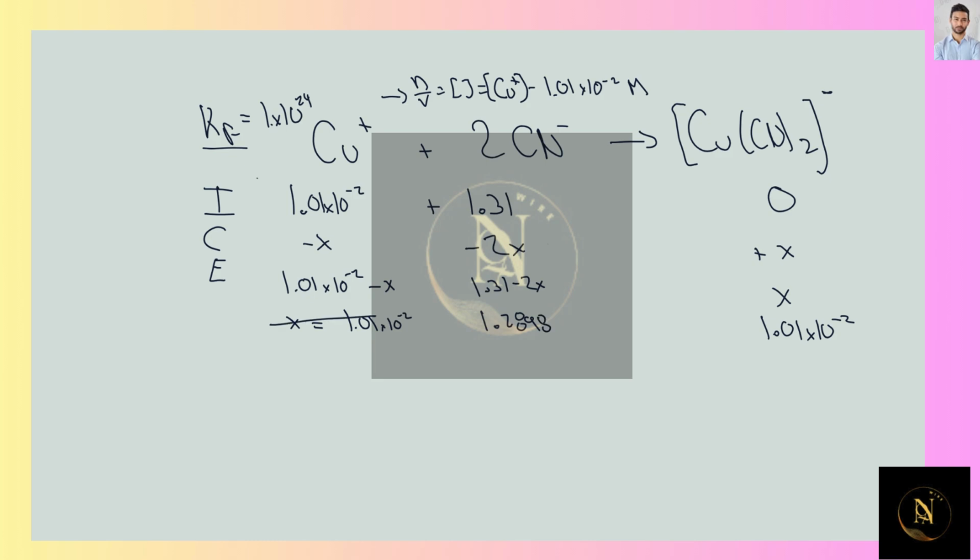And over here, I'm going to have 0. So why am I doing this? Because I can later go ahead and look at the inverse reaction. This coordination complex can go ahead and produce copper plus and 2 equivalents of cyanide minus.